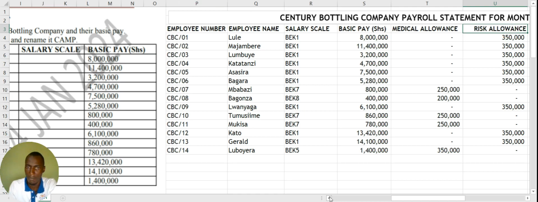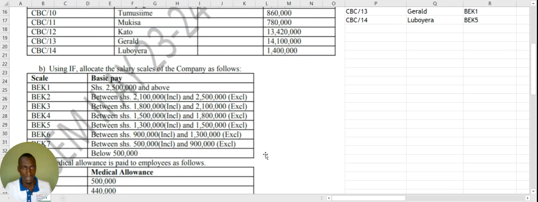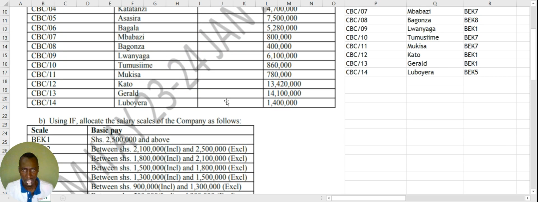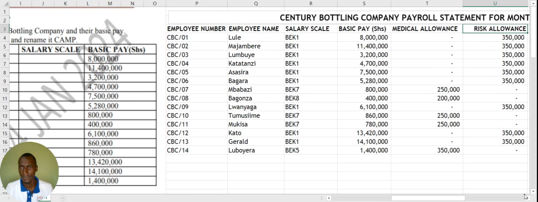BEK2, we don't have any employee in that range, in that salary scale. That's why you see that we don't have a 250 under the risk allowance. It does not appear because none of the employees falls in that range, that salary scale between 2.1 million and 2.5 million. We don't have an employee with that basic pay. So that is your risky allowance.